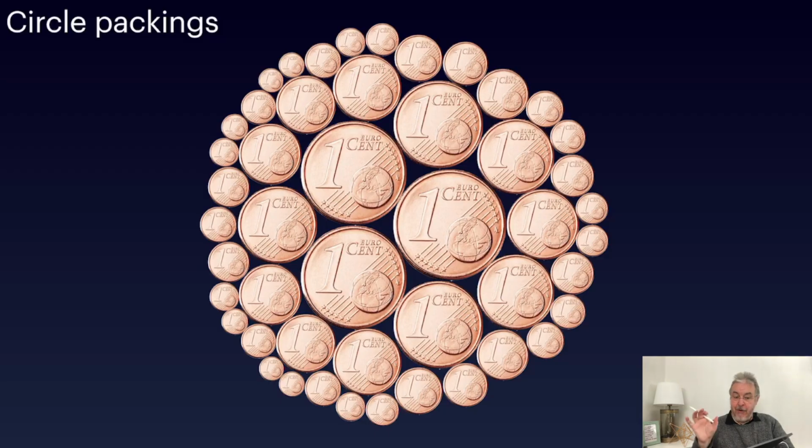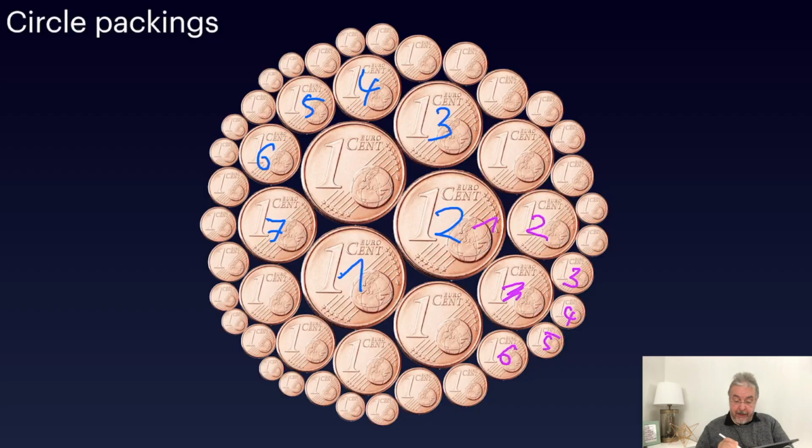If you choose a penny of the right size, then it may happen that around any penny you get 1, 2, 3, 4, 5, 6, 7 copies, no matter where you start. So let's take, for instance, this penny here as a start. So you have 1, 2, 3, 4, 5, 6, 7 copies. So you get interesting circle patterns out of pennies of the right size.